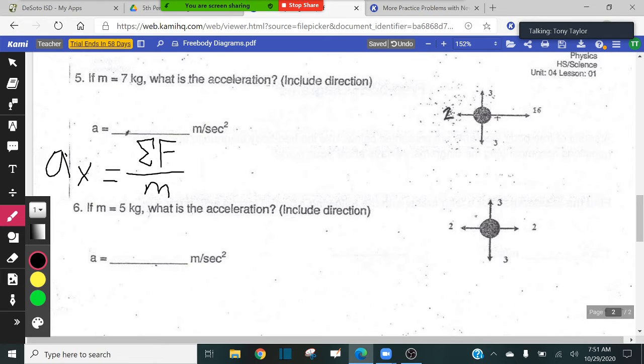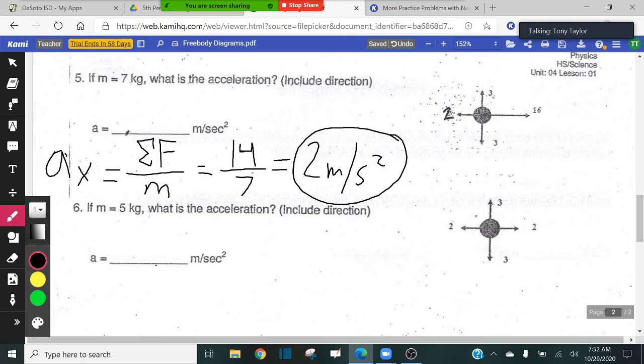When I combine those two forces, I'm clearly going to get a positive 14. So positive 14 divided by the mass. The mass is 7 kilograms. Okay. So that means for the x direction, guys, my acceleration is just 2 meters per second squared. So always write out your units. So that's the acceleration of the mass in the horizontal direction.